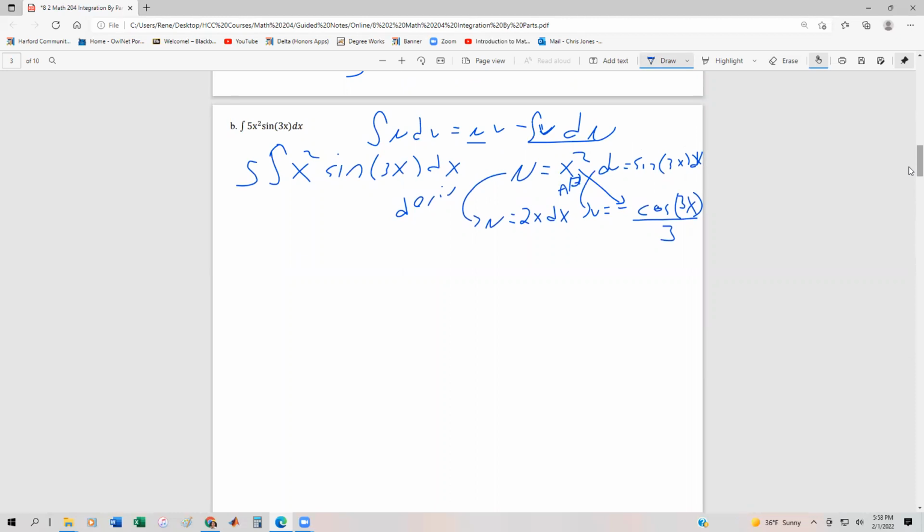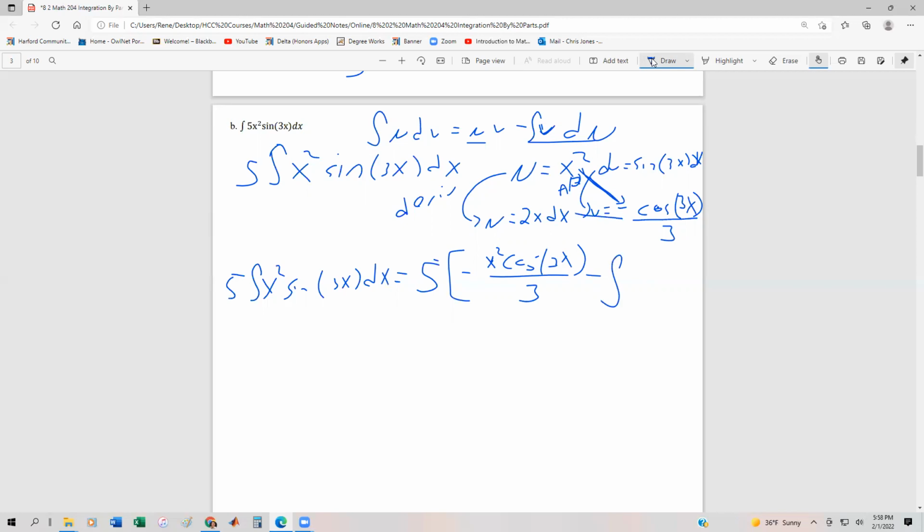Remember we have the 5, so we have 5 times the integral of x squared sine of 3x dx, which is the original, equal to 5 times uv, which is negative x squared cos 3x divided by 3, minus the integral of v du.